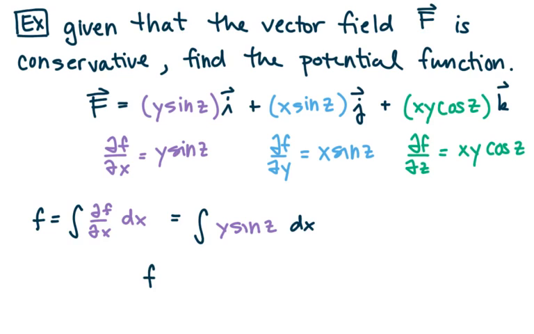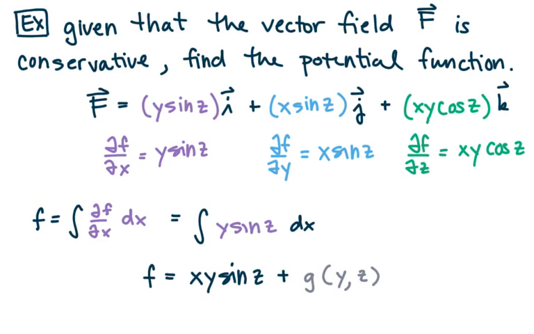So f equals, I don't have any x's there, so that y sine z is a constant, and I have xy sine z. So integrating, I then need to write my plus c. But in this situation, that c value is some function, I'll call it g, a function of y and z.